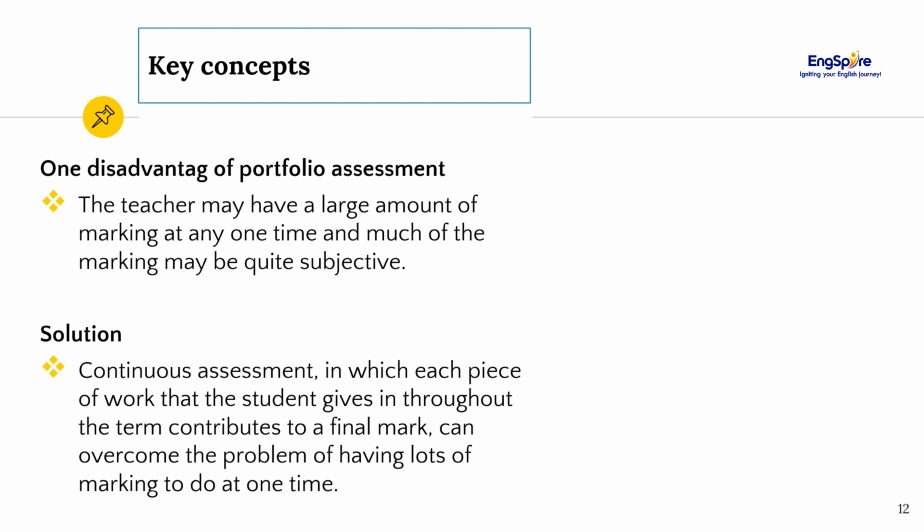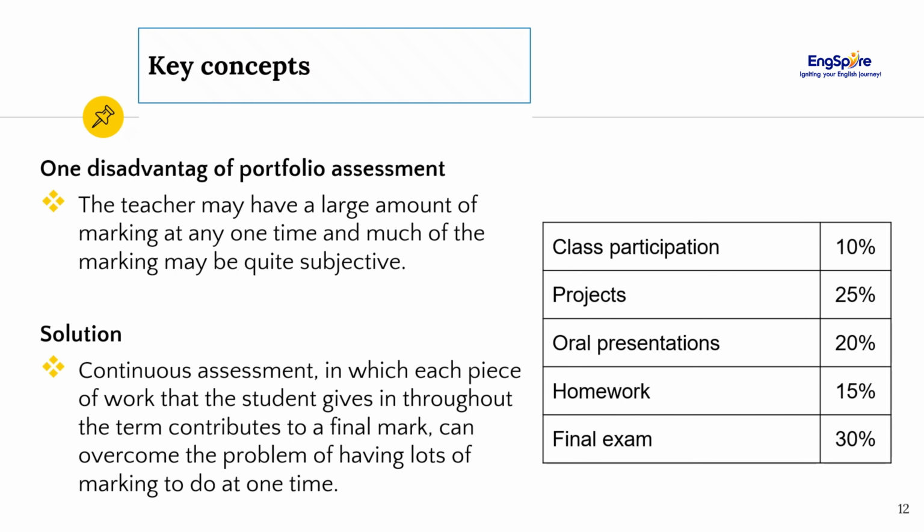One way to overcome this problem is through continuous assessment. In continuous assessment, every piece of work that students complete during the course contributes to the final grade. Instead of marking everything at the end of the term, teachers assess students regularly throughout the course. For example, a teacher might calculate the final grade like this: class participation, project, oral presentations, homework, and final exam.